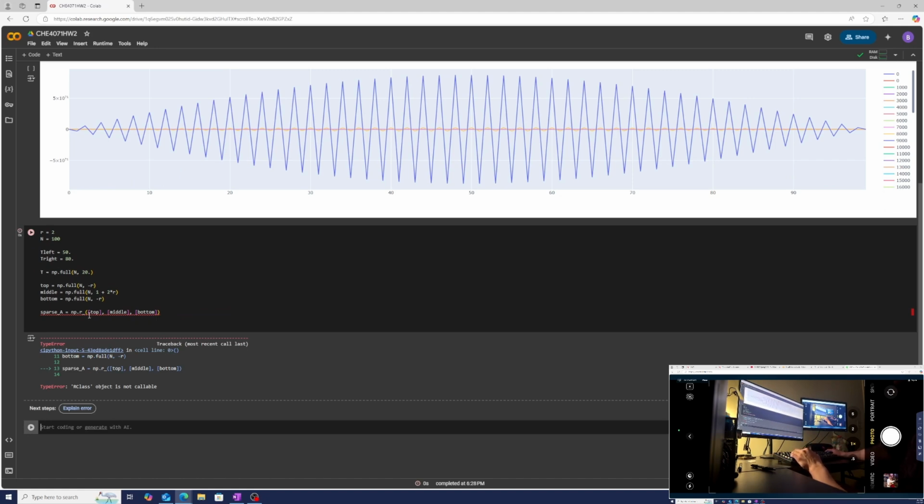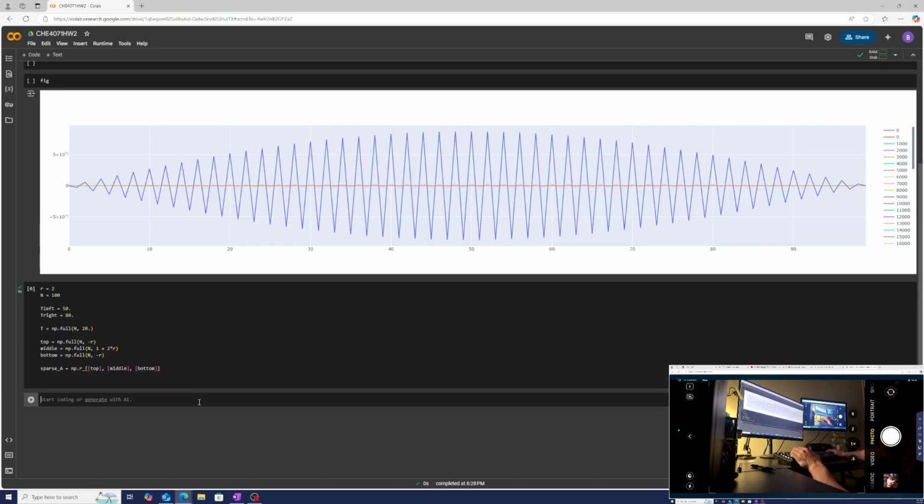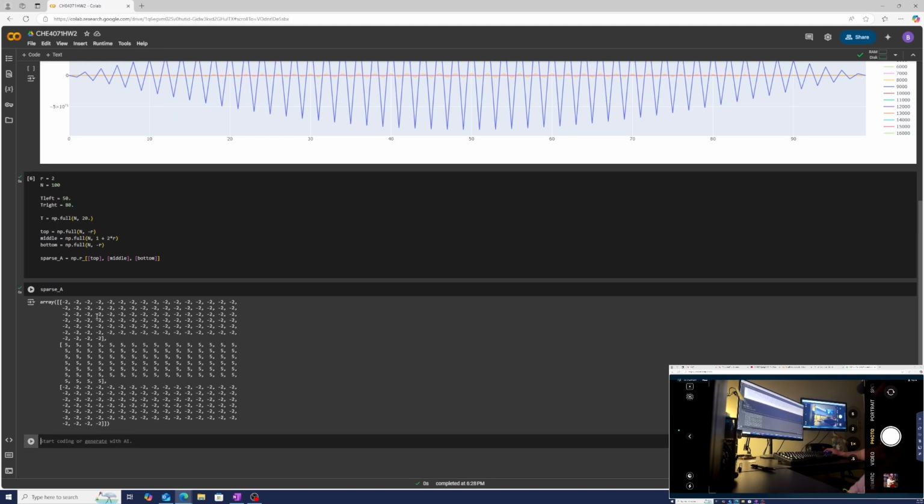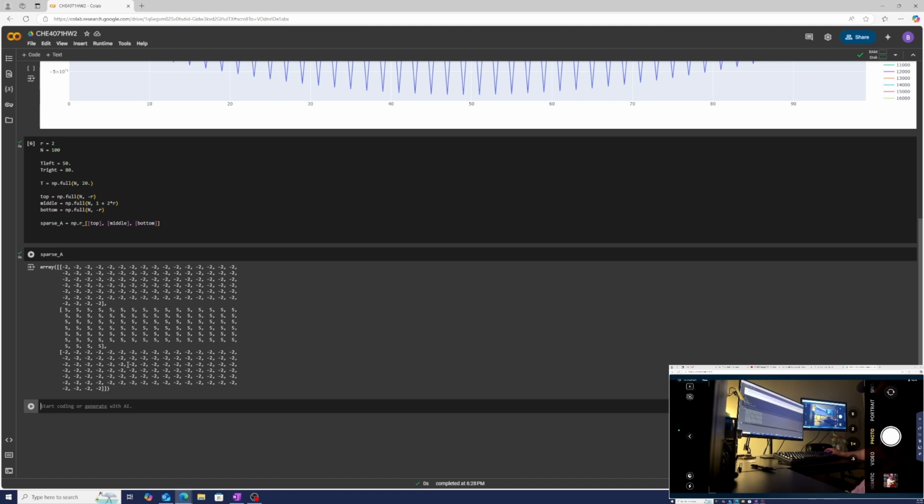What did I do? It just needs to be brackets. Okay. So then we can take a look at this to make sure it looks right. There's A. It should be a 2D array with all of our negative r's, our 1 plus 2r's, and then another group of negative r's.